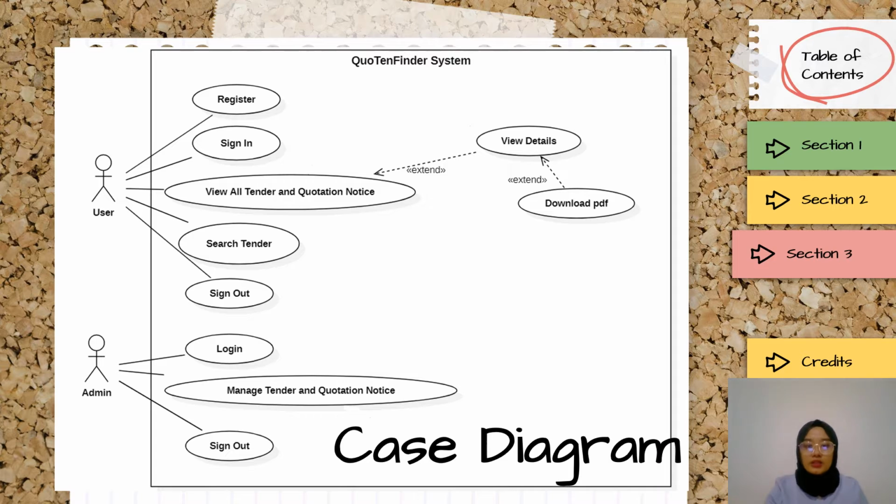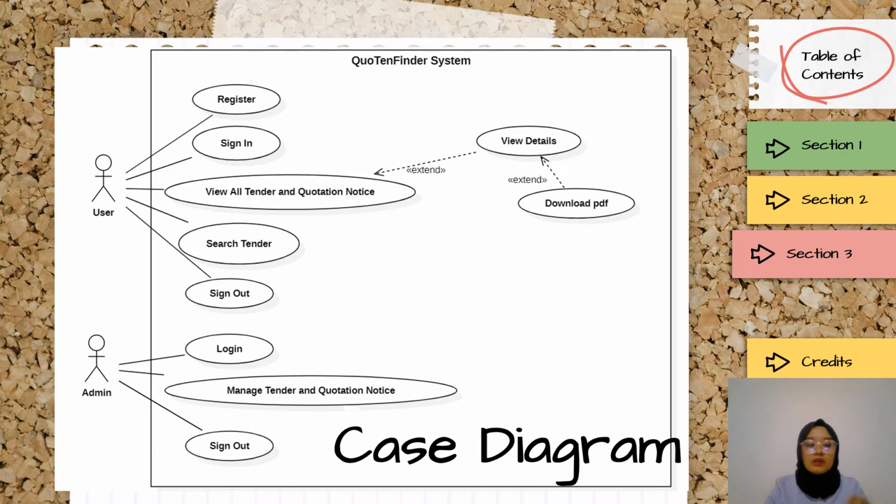Next is the use case diagram. Here we have 2 actors, which are the user and the admin. The user can register, sign in, and view all tenders and quotation notices. From the view, we can view the details, and from the details, we can also download the PDF. Then, the user can search the tender, and the last one is sign out.